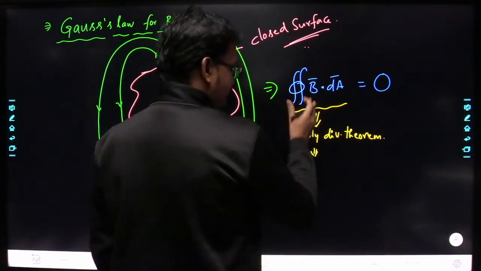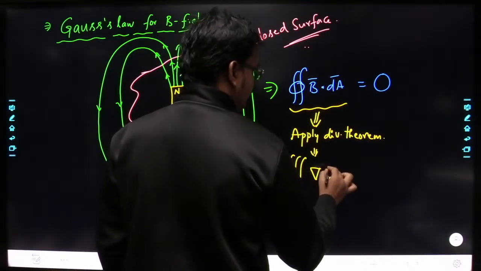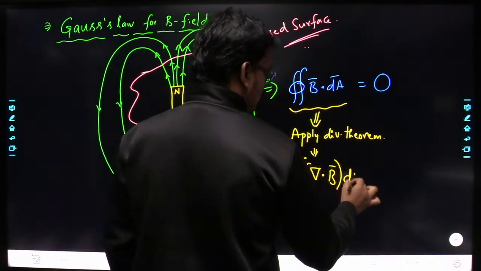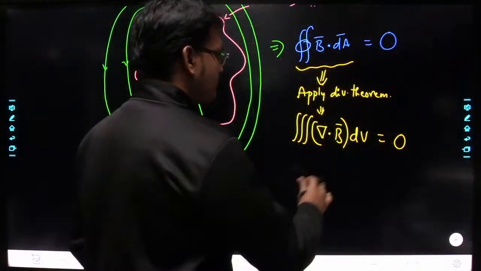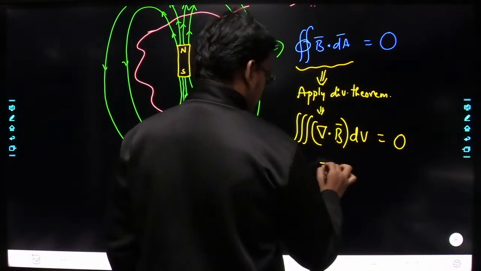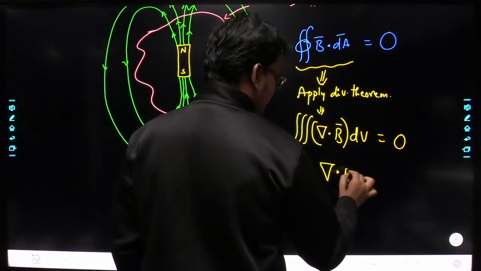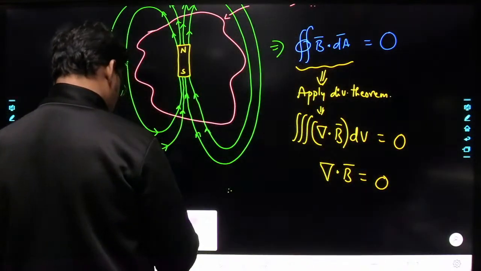So by applying the divergence theorem, I get the triple integral of divergence of B bar dV equal to 0. From here, this volume cannot be equal to 0, so that means the divergence of B bar must be equal to 0.